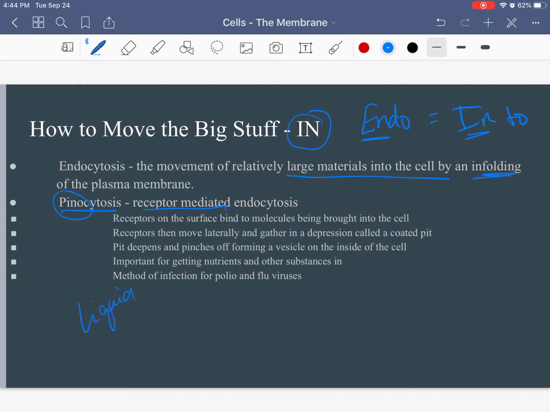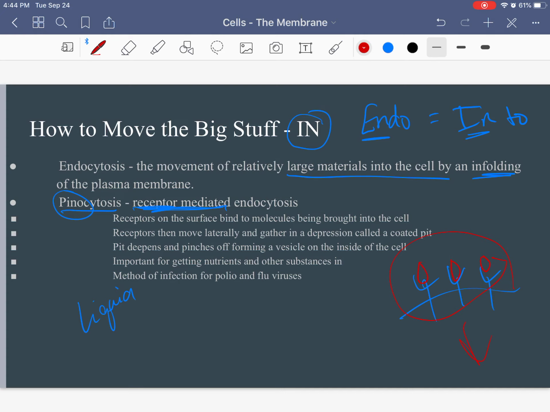Just like Pinot, the wine, is a liquid, pinocytosis is the movement of liquids. And it's receptor mediated, meaning that we're looking for specific things. We have receptors on the cell membrane that are looking for specific structures. When those materials bind, it allows the cell membrane to create a vesicle, create a pit. And that pit will eventually become a vesicle that goes inside the cell.